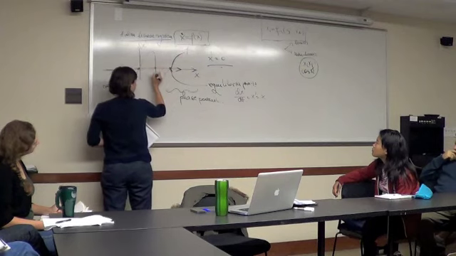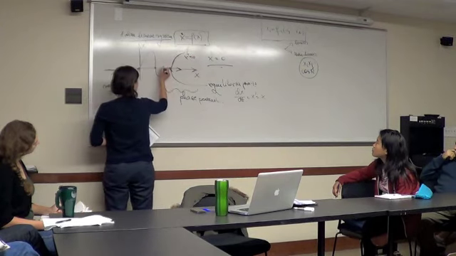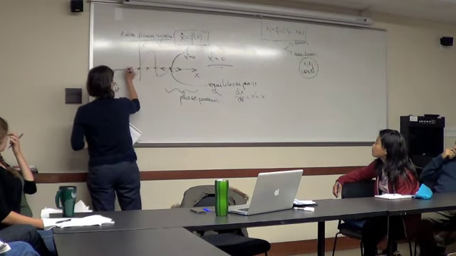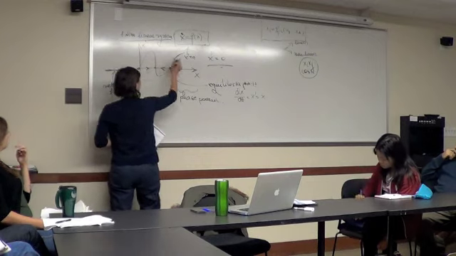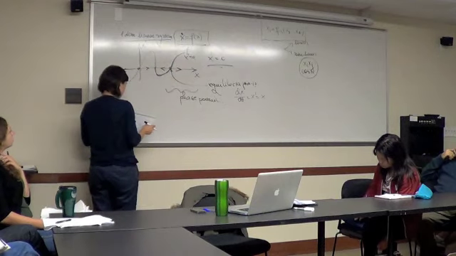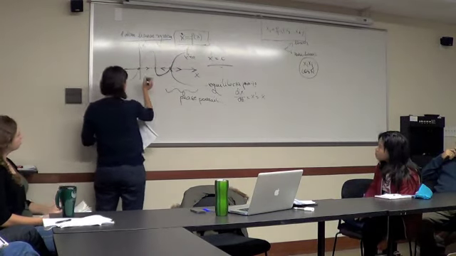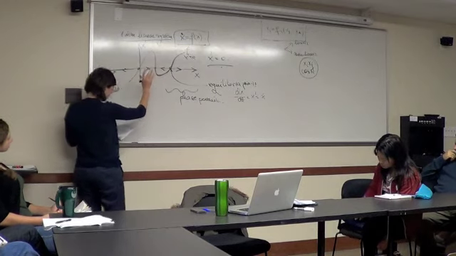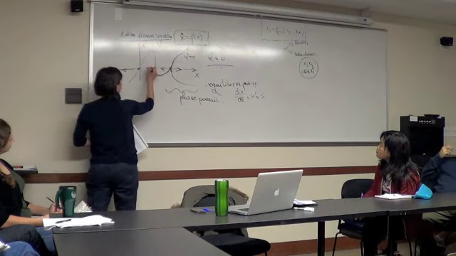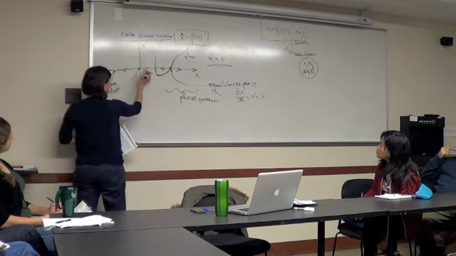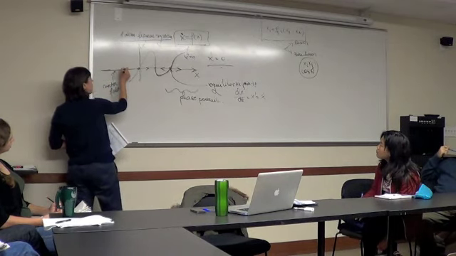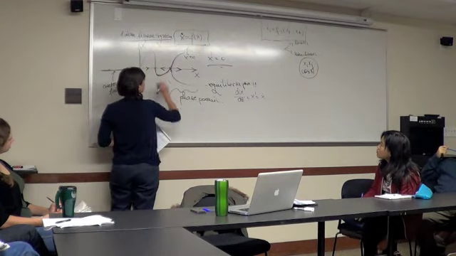When f of x is negative here, the system is going this way. So we can map the flow of the system based on the sign of f of x, whether it's under the x-axis or above the x-axis. We can visualize the behavior of the system by thinking, if we place a particle somewhere on this x-axis, we're in one dimension, what happens? We can understand a lot from where that particle flows on this line.